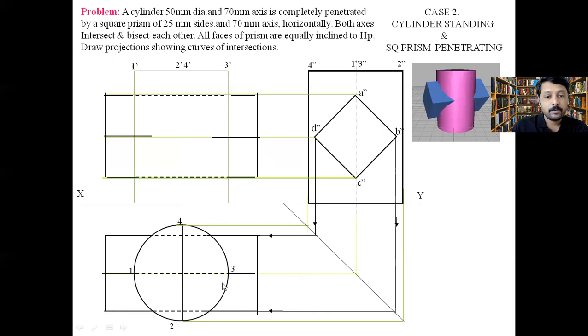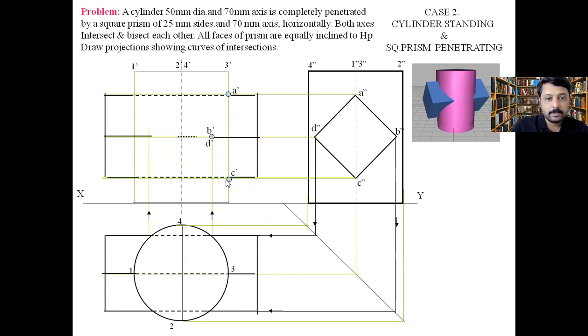Okay, now we have to take these points where the intersection is actually happening. 1, 2. Okay, this is the point of intersection at the bottom. Here you can see. Okay, now we have got these points A dash, B dash, D dash and C dash.